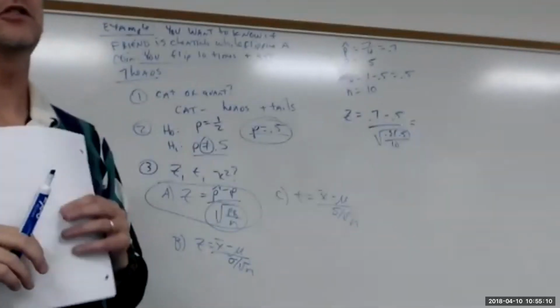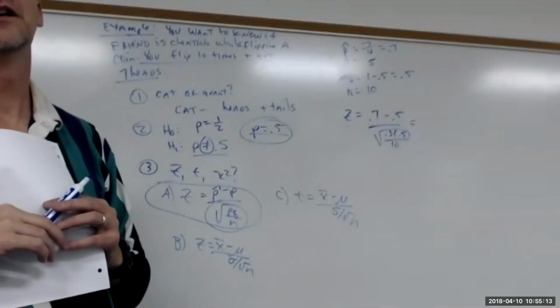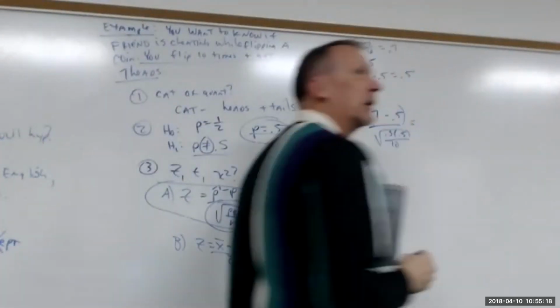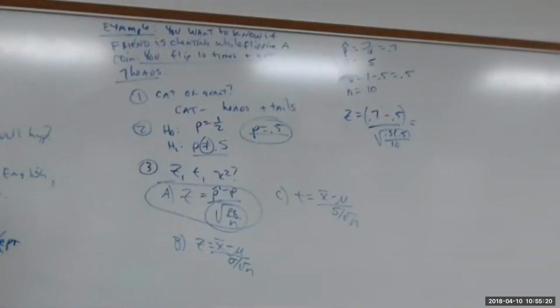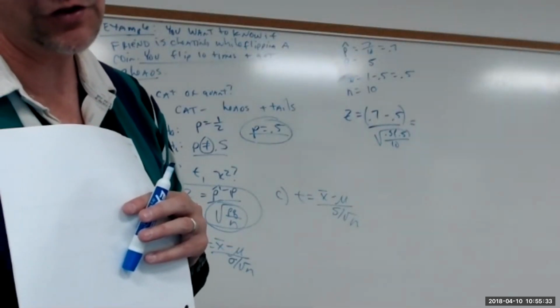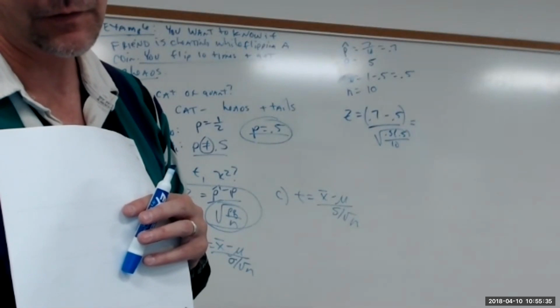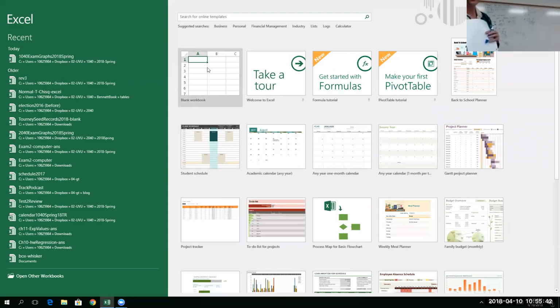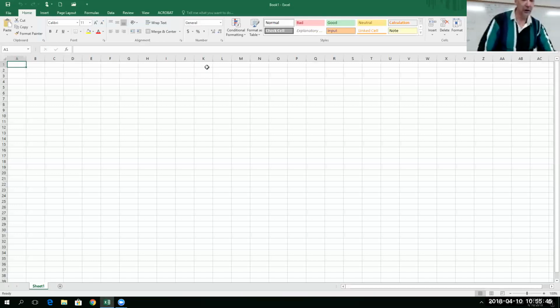Now, can you do it with both your calculator and with your computer? Some of you messed up on your test because you didn't put parentheses there. That's a gotcha. Some of you used the right equation, but you didn't put parentheses in, so you got the wrong answer. If I pull up Excel here, because it's easy to see and I can show people at home, plus if this is a computer test, this is what you're going to have to do.